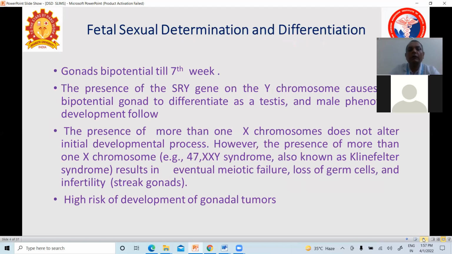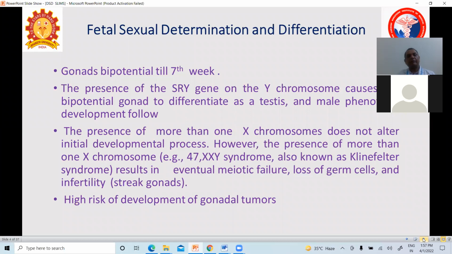Before going into the detail of this DSD, we should know how the genitalia get developed from the embryo. The gonads are bipotential till the 7th week of life. Male and female differentiation of gonads takes place after the 7th week of intrauterine life.